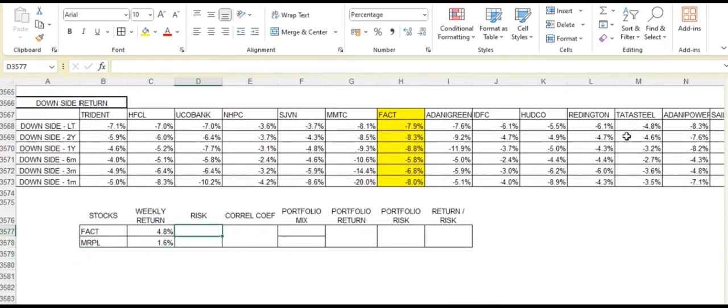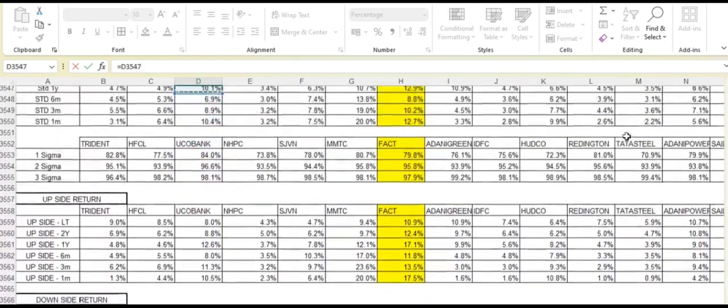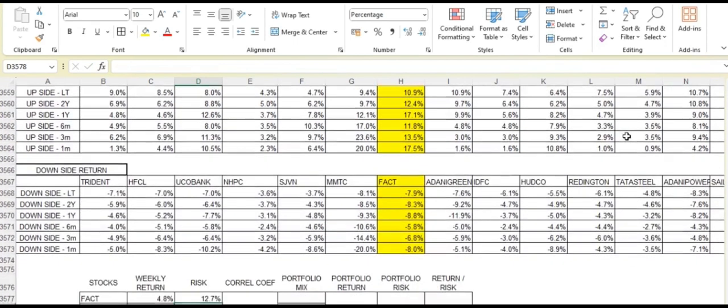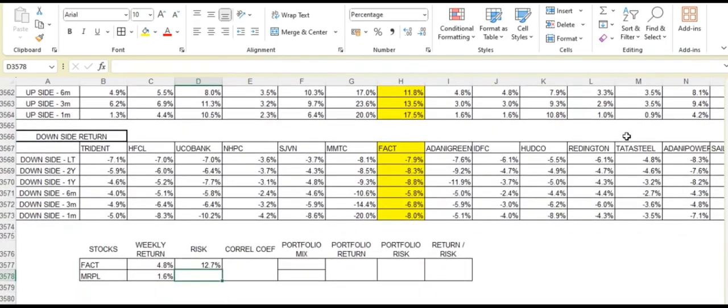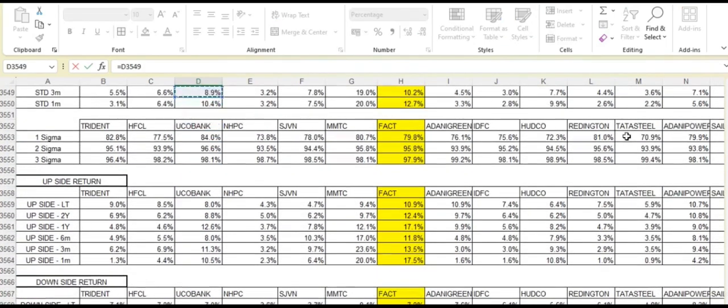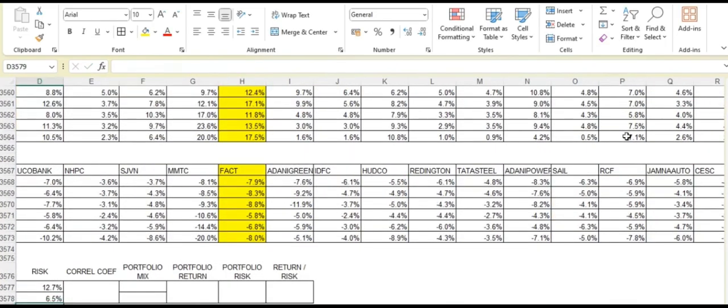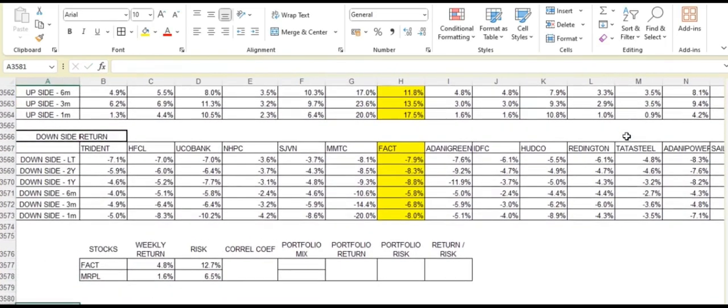Next up, we need to fill up the risks. Let's go to the risk column. This is the risk table. First up is FACT, and the second value will be MRPL. We have filled up their respective risks.